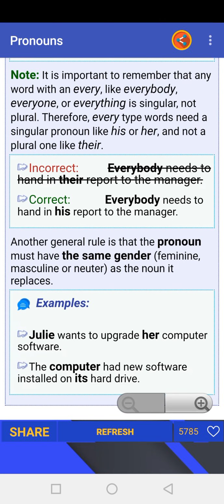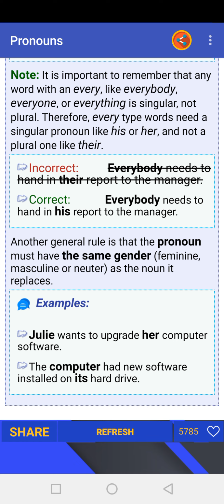Another general rule is that the pronoun must have the same gender, feminine, masculine, or neuter, as the noun it replaces. For example, Julie wants to upgrade her computer software. So Julie is a feminine proper noun, and so should use her, the object feminine pronoun.